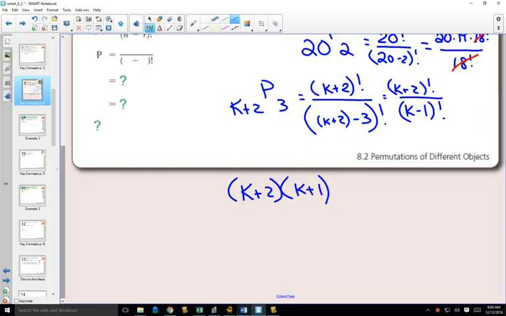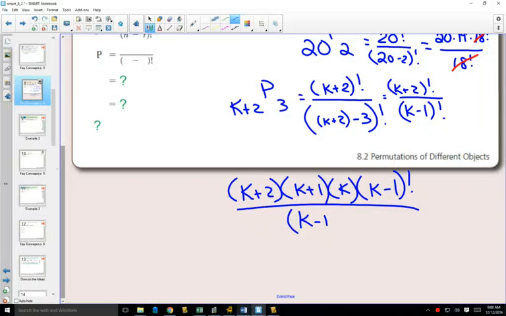What would be next? k. And we're going to keep subtracting 1 each time until we get to the one on the bottom, and they'll cancel out. Again, if we think of this as the number of spaces in our fundamental counting principle, look after we canceled out how many numbers are multiplied together. 1, 2, 3.